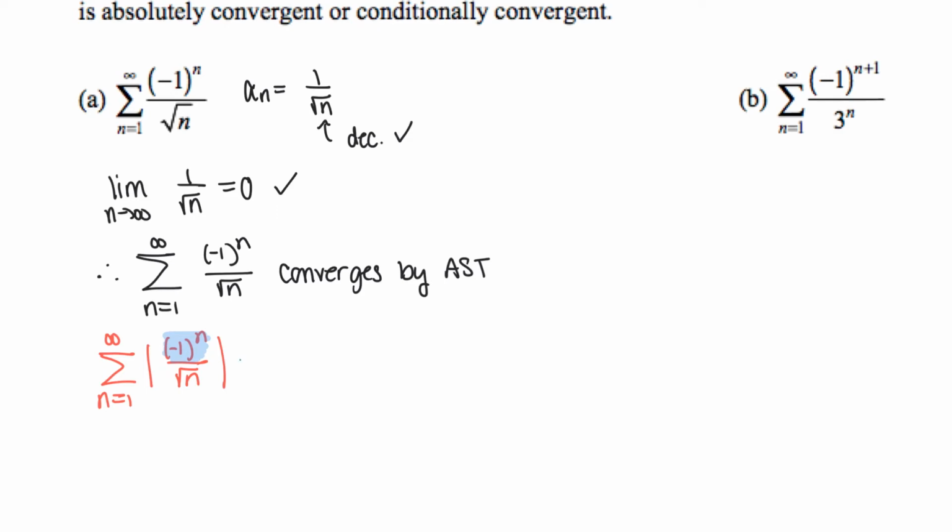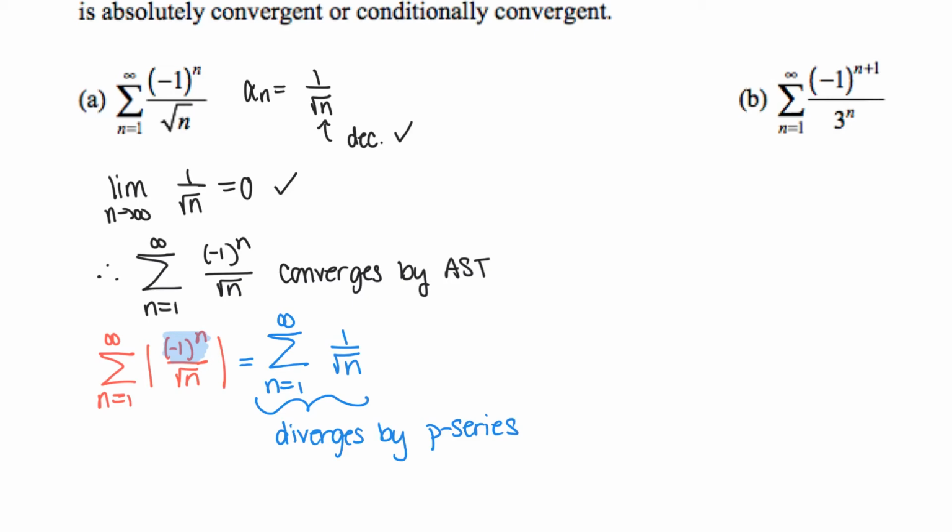Negative 1 to the n, when I take the absolute value, is always just going to be a 1, which will leave me with the series from 1 to infinity of 1 over the square root of n. And this, I know, diverges by p series. Therefore, the series from 1 to infinity of negative 1 to the n over the square root of n is conditionally convergent.